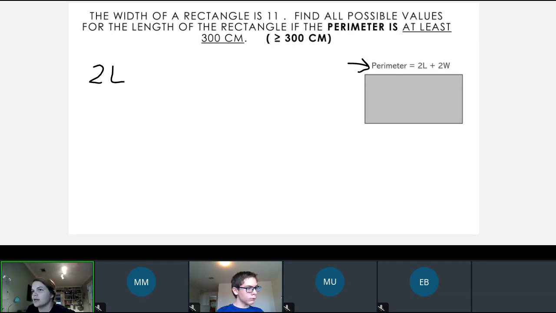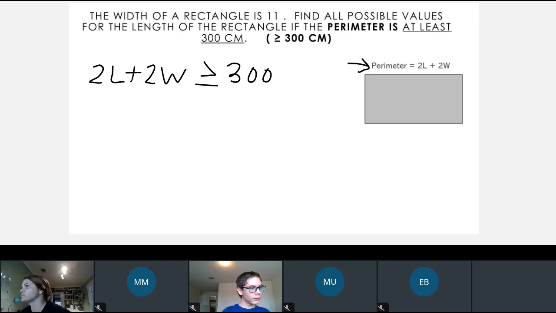Perimeter is 2 times the length plus 2 times the width, and we know that we want this perimeter to be at least or equal to 300. What it asked us to do was find all values for the length.